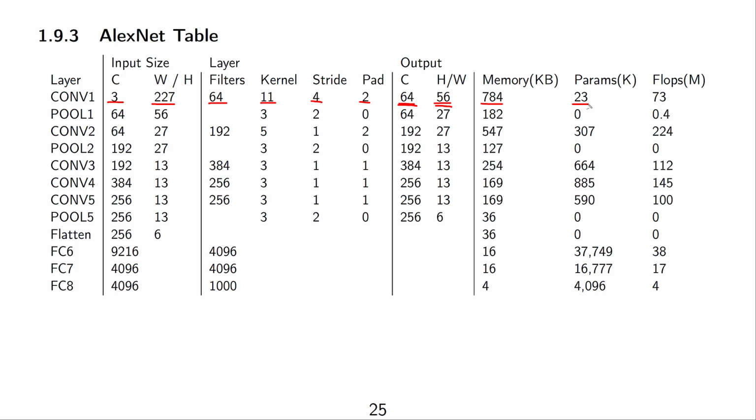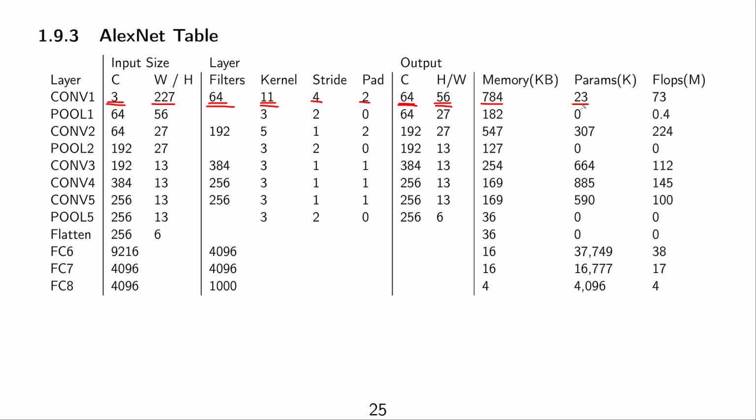Well, we have filters of size 11 times 11 and number of channels 3. So far we have 11 times 11 times 3, and we have 64 of those, so we need to also multiply by 64. In addition, we have 64 bias terms, but that doesn't make a big difference in the final output, so the number is about 23,000 parameters that can be trained in the first layer.